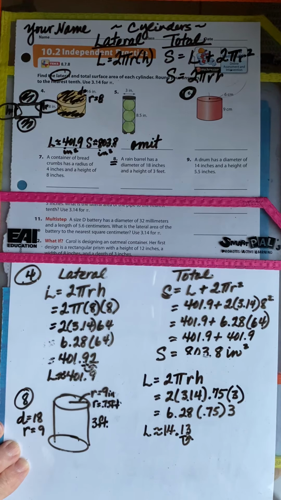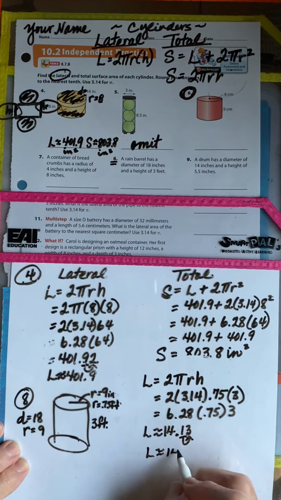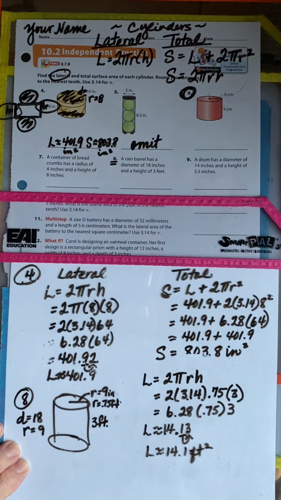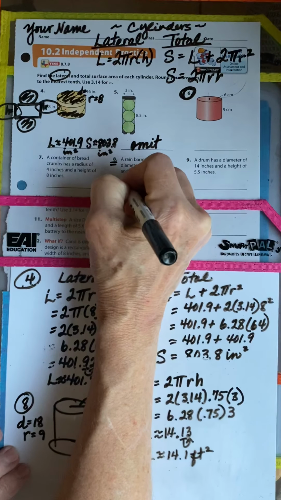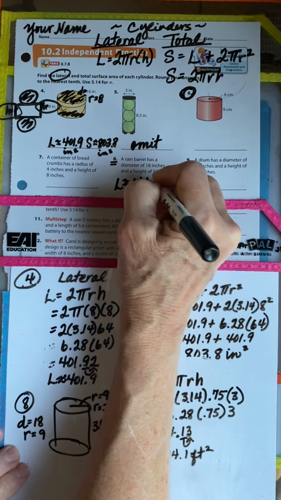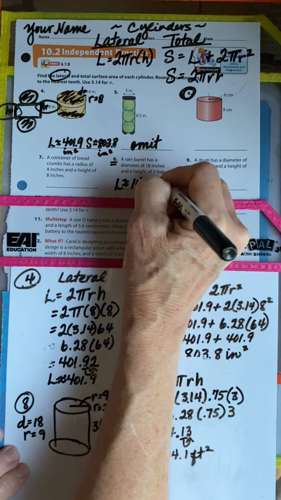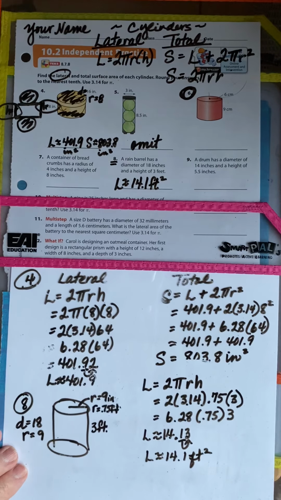So we'll point next door to the 3, and so the 1 would stay 1. L is approximately 14.1 feet squared. Okay, awesome. So that's number 8. L is approximately 14.1 feet squared.